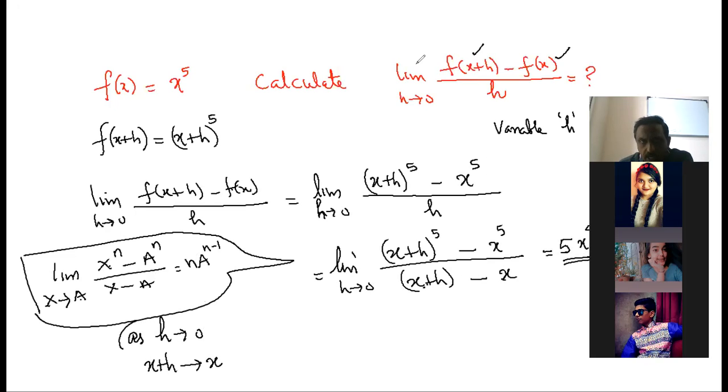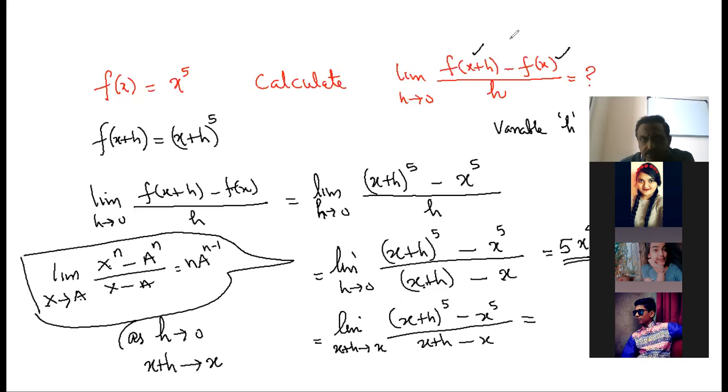So I can write it as limit x plus h tending to x. Even if you don't write this in the exam, it's fine. I'm writing this so that it becomes exactly the formula. Then if you write it, it's better, but even if you don't write that step, it's fine.